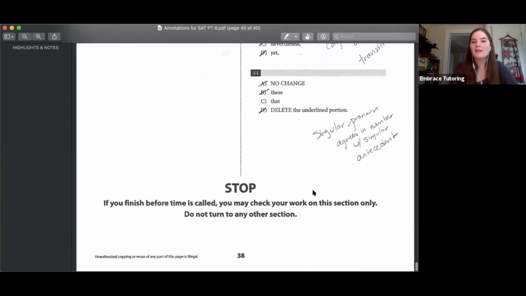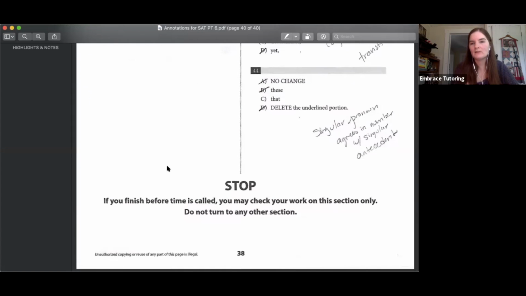So you're dealing with a lot of subject verb agreement and related concepts, like whether or not the pronoun is agreeing in number with its antecedent. What it is describing, what the pronoun is replacing, has been established already earlier on in the passage. Does that all make sense? I'm going to assume so.